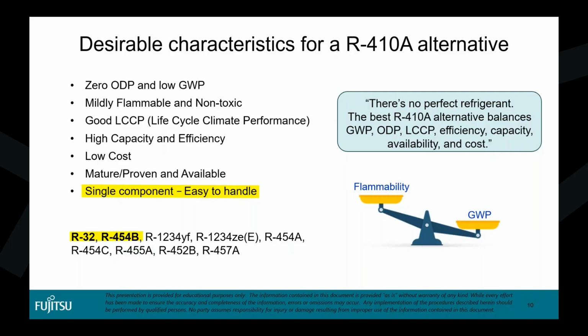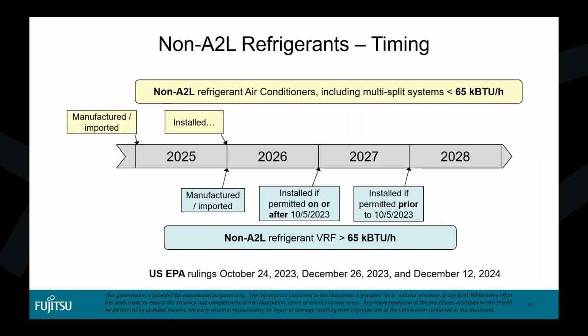So let's look at the timing for this. Right now we are at later part of 25. In gray we have the years horizontal there, and then upper part, the yellow, is for systems below 65,000 BTUs. If they are non-A2Ls, they have to be manufactured or imported by January 1st this year. So they have to be done, can be in the warehouse or so, and then there is a sell-through for at least a year.